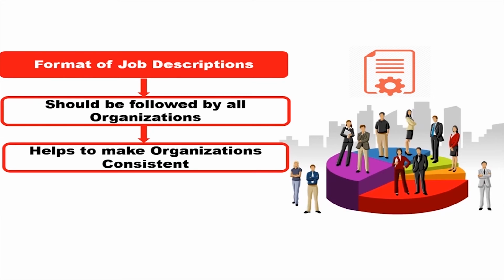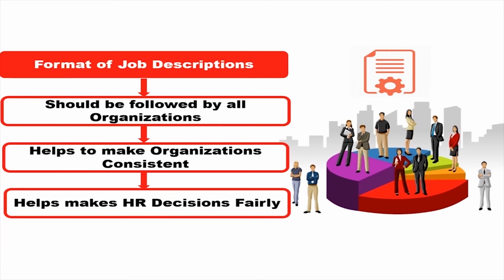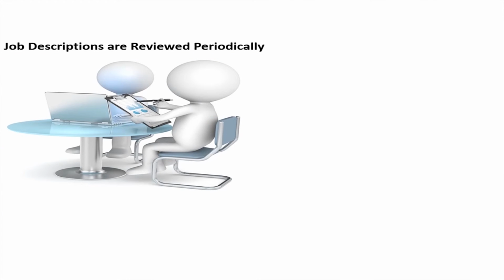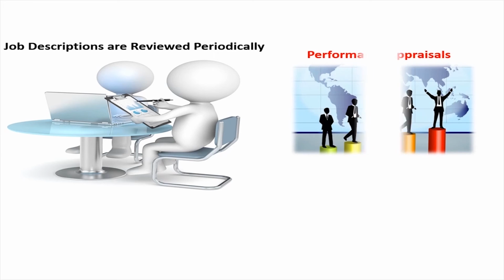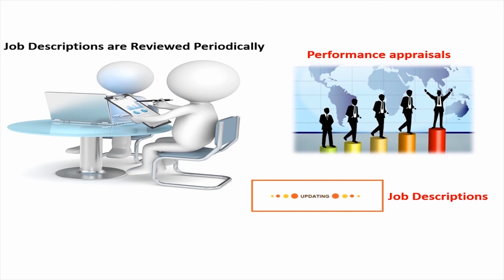It also helps the organization show that it makes HR decisions fairly. Now, job descriptions should be reviewed periodically, say maybe once a year, and updated too if necessary. Performance appraisal can provide a good opportunity for updating job descriptions.